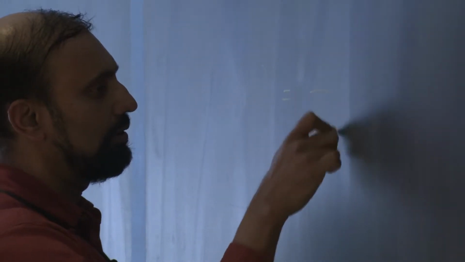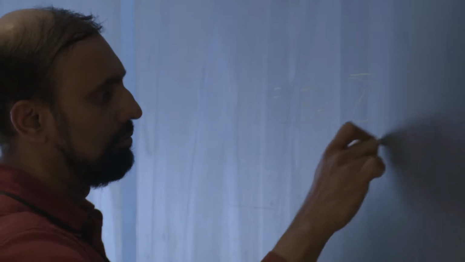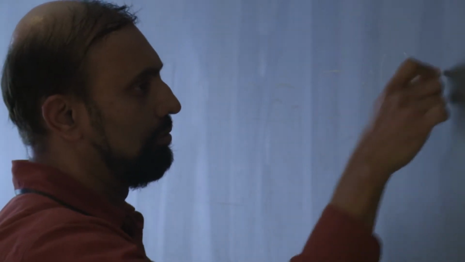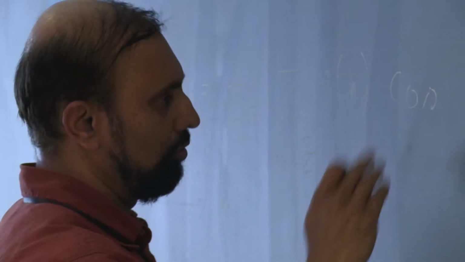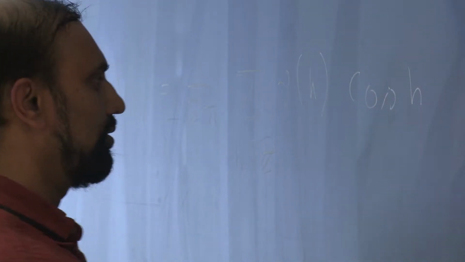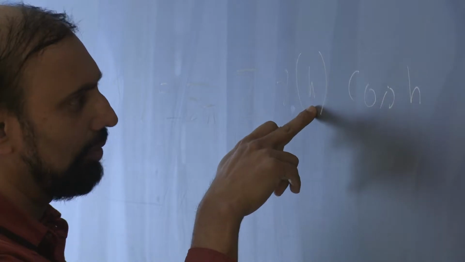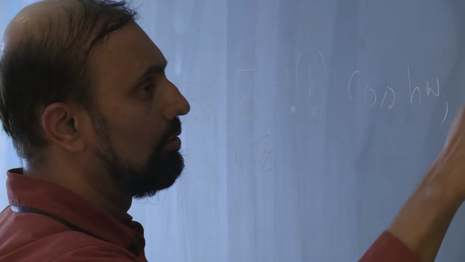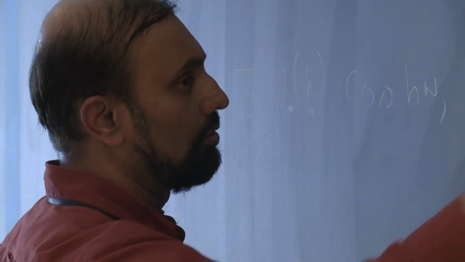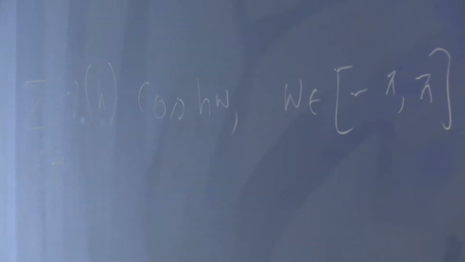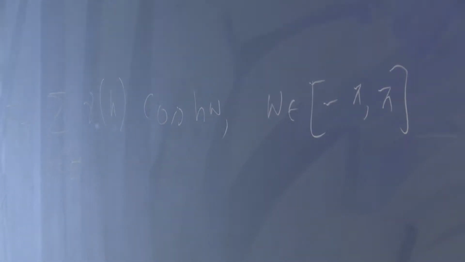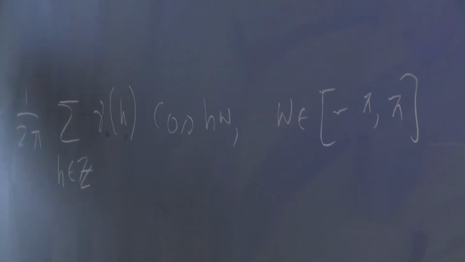1 over twice pi. You can look at e to the power, or because this is symmetric, gamma of h and gamma of minus h, they're the same. Something like this, right? Again, I'm supposing this is finite.